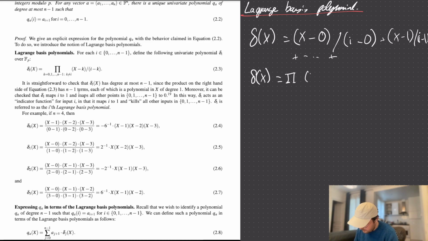Okay, x minus k, for k equals 0 to n minus 1, and k different from i. Okay, so it's interesting. You can easily make the link. Firstly, I forgot to do that because it will make 0. It will be 0.